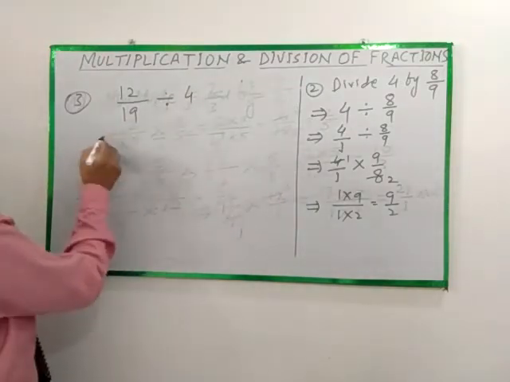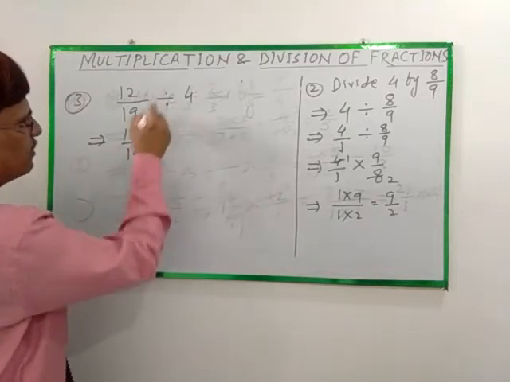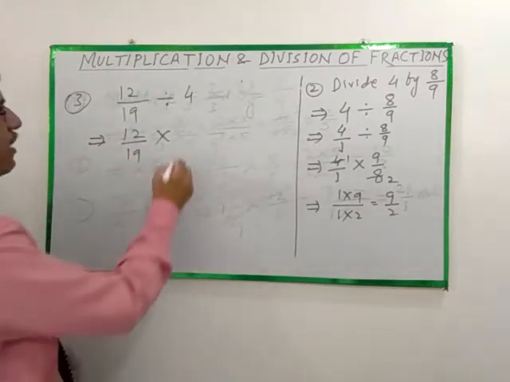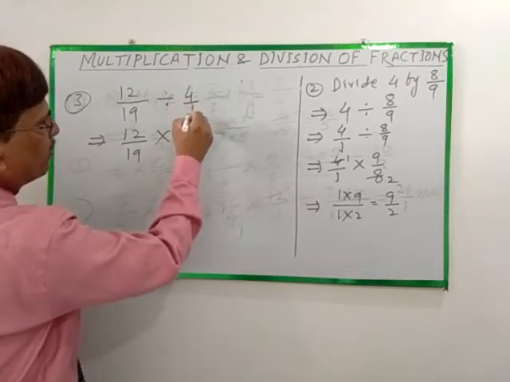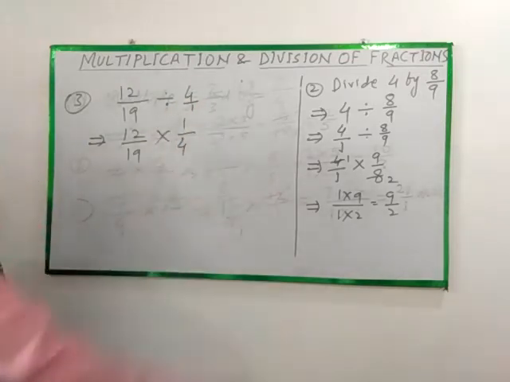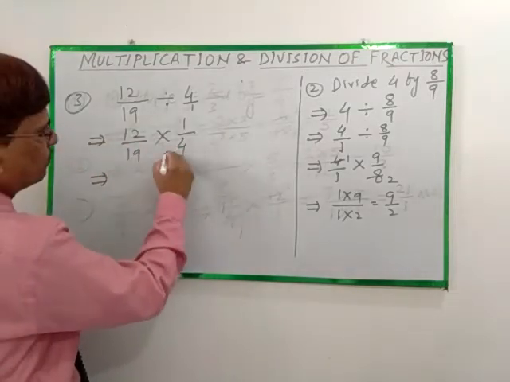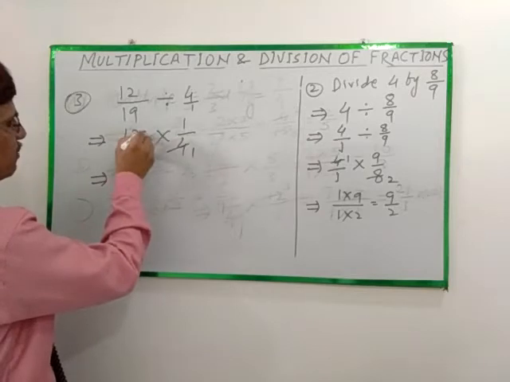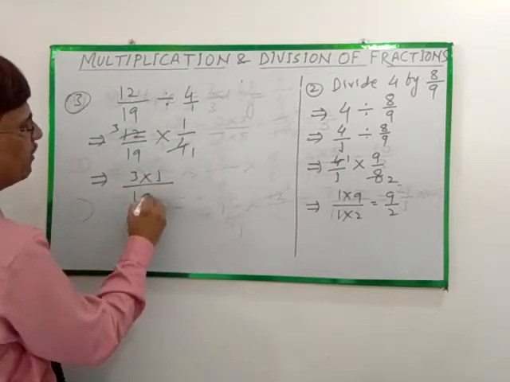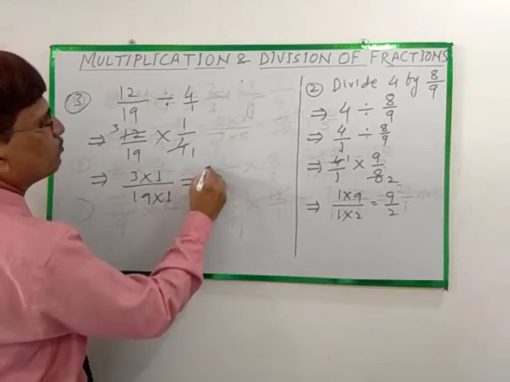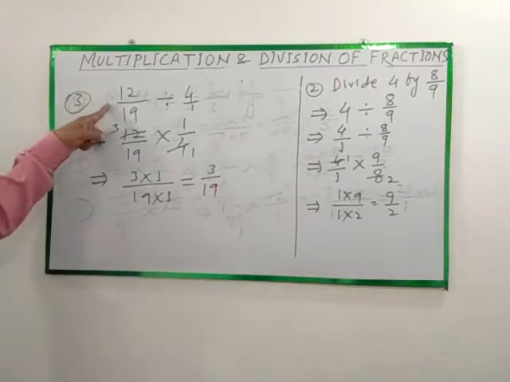Okay, 12 by 90 you have to write as it is, then change the sign, and the reciprocal of 4 upon 1 is 1 upon 4. Okay, now you can cancel out by 4. 4 ones are 4, 4 threes are 12, 3 into 1, and 90 divided by 4... 3 upon 19.